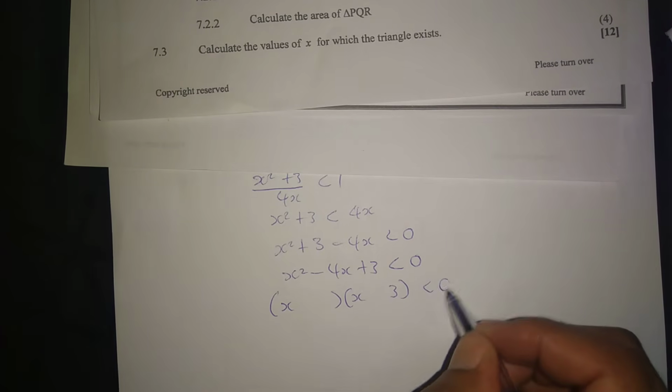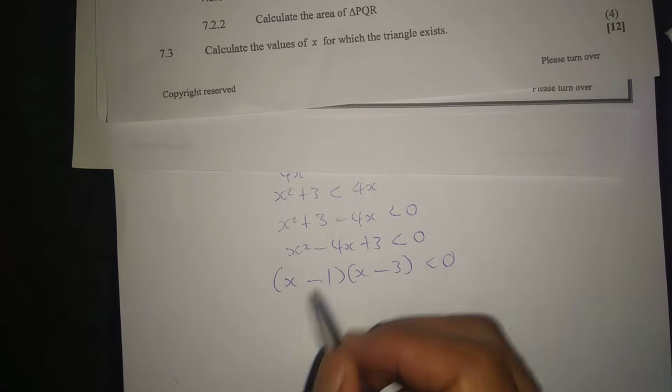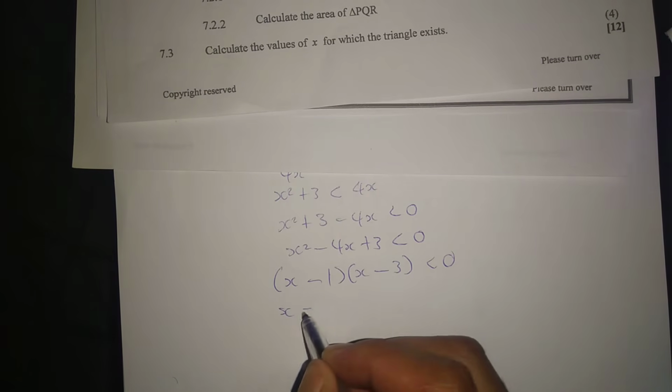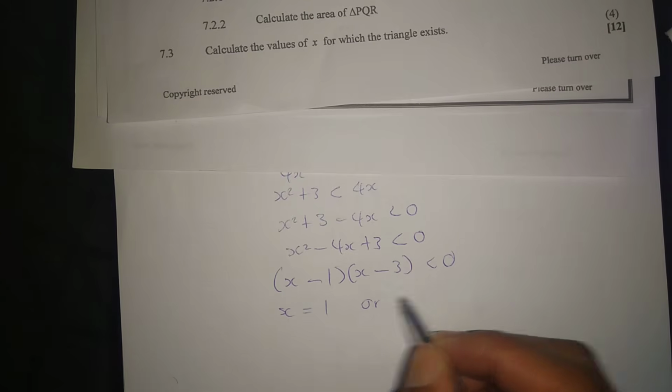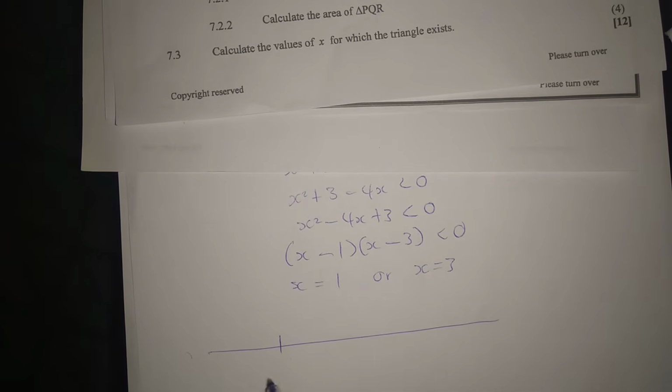We can use the quadratic formula to simplify this, or factorise. My critical values here are 1 and 3. Therefore, as you plot on a number line, it is 1 and 3. Then we test our values.